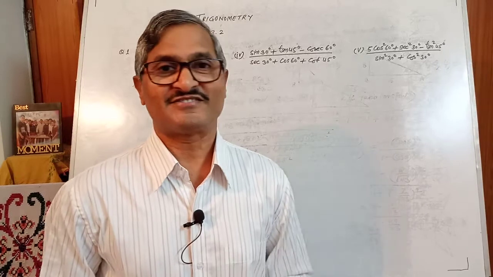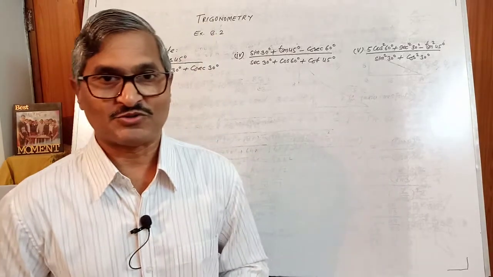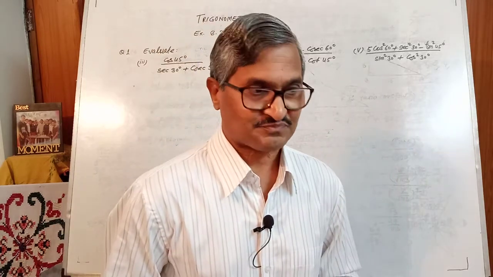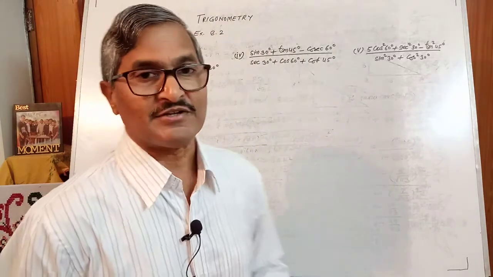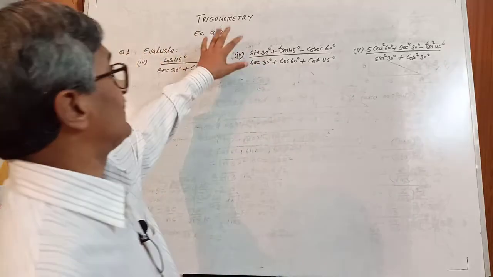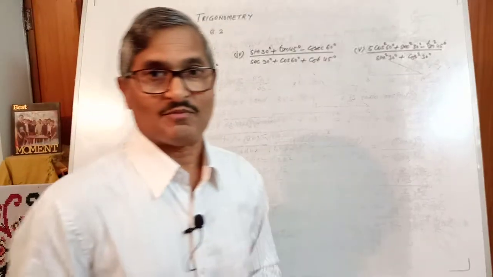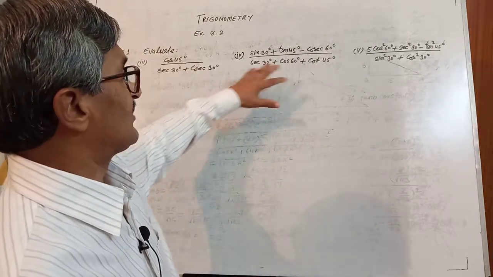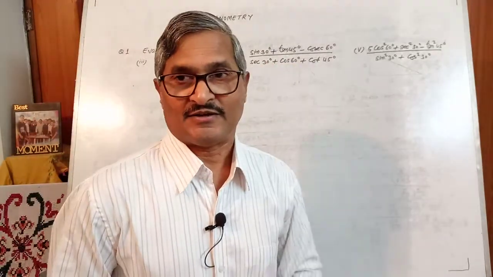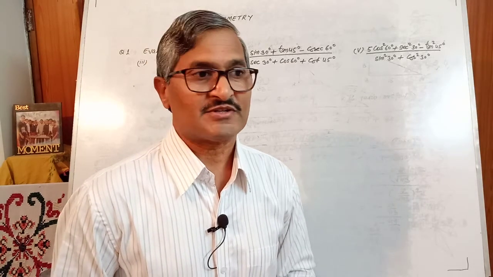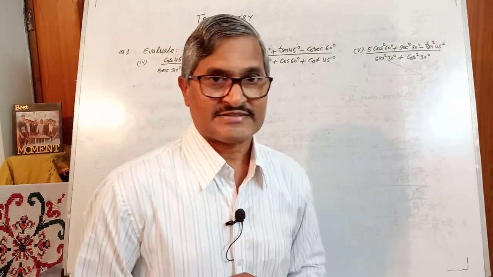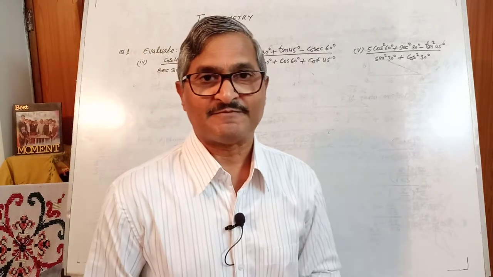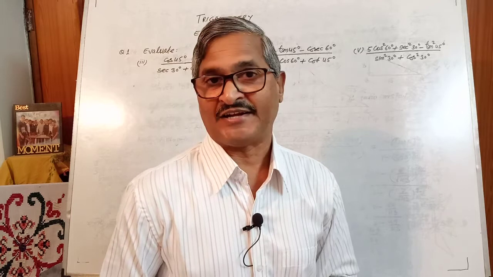Well, students, today we are going to solve exercise 8.2. Before solving the questions of exercise 8.2, you must go through the particular values of trigonometric ratios for the angles 0 degree, 30 degree, 45 degree, 60 degree and 90 degree.